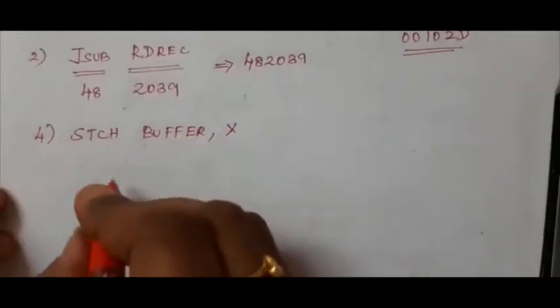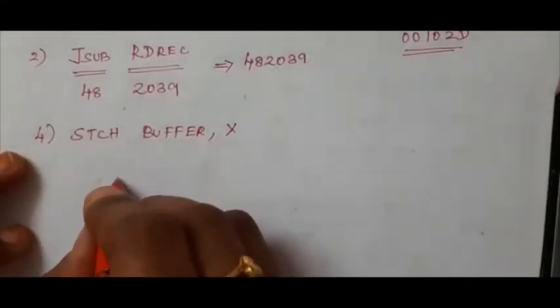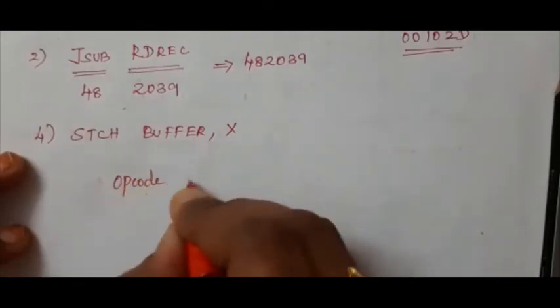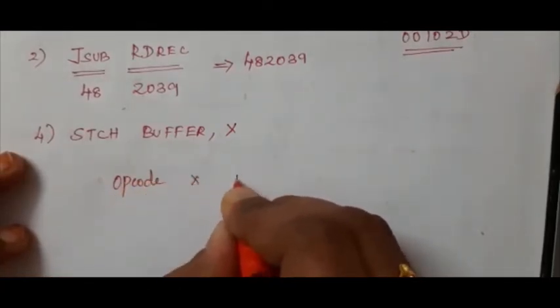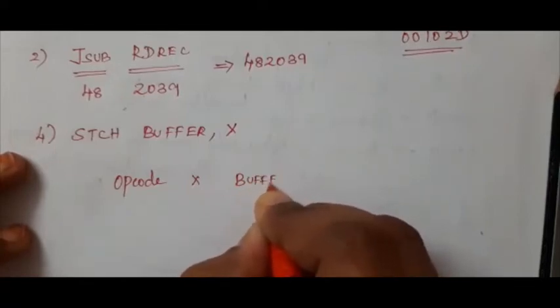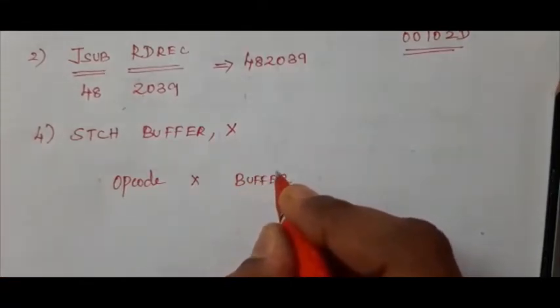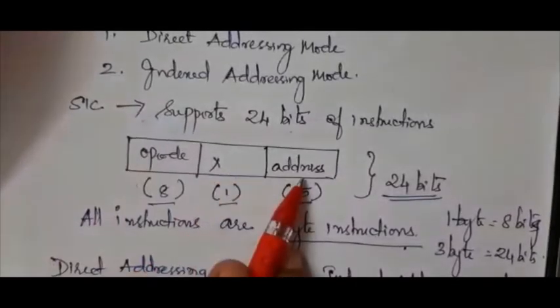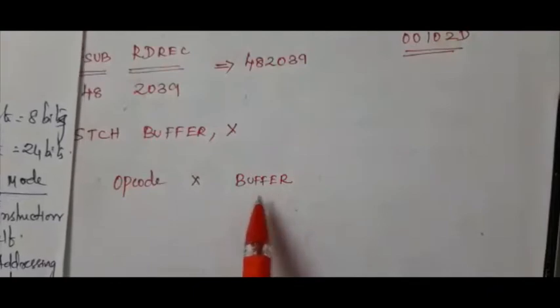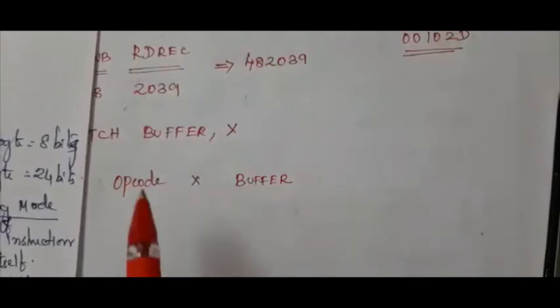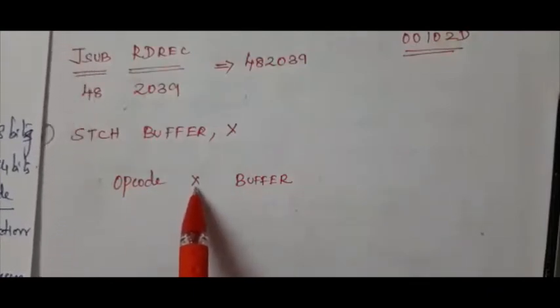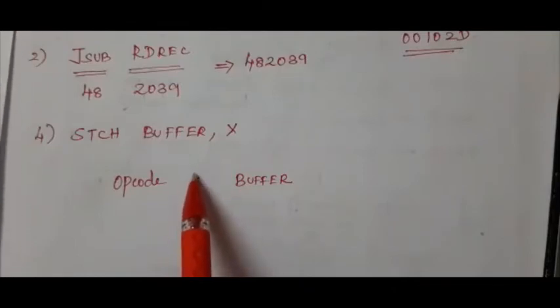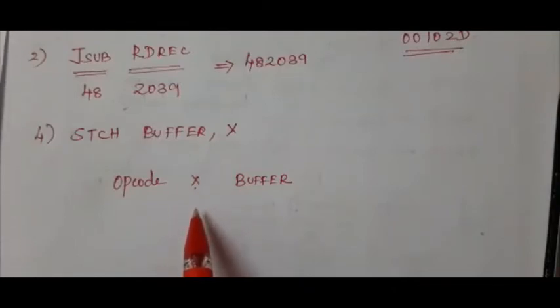So we'll see the format. Instruction format could be what? Opcode X address. That is what we are writing. So buffer address we are going to write. X means what? If X is a part of an instruction, we have to set the X to 1, which means if it is an indexed addressing mode, we are going to denote this X as 1.